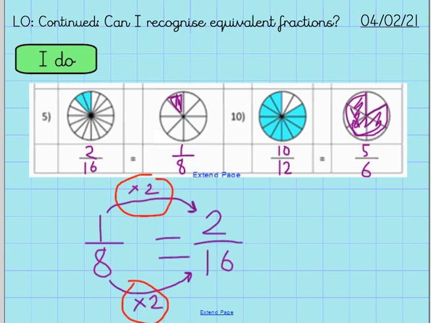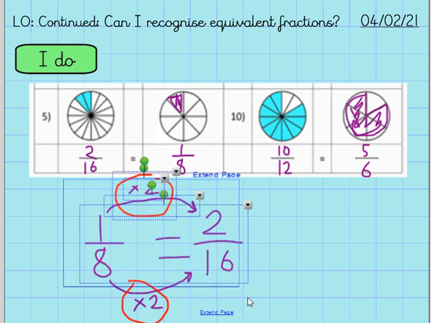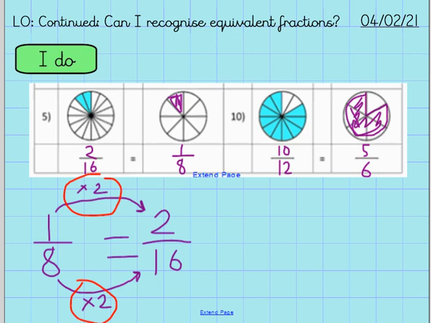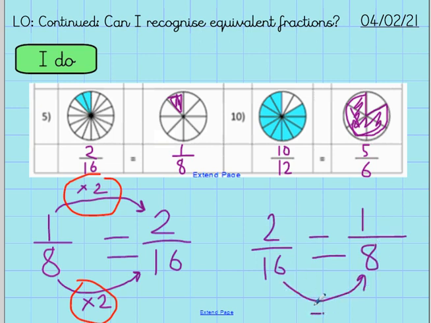Now it can work both ways. So that was a multiplication way. If we were looking at that calculation the other way, we had 2/16 equals 1/8. This time we would be looking at a division, wouldn't we? Dividing by 2. And then we have to do the same up here.